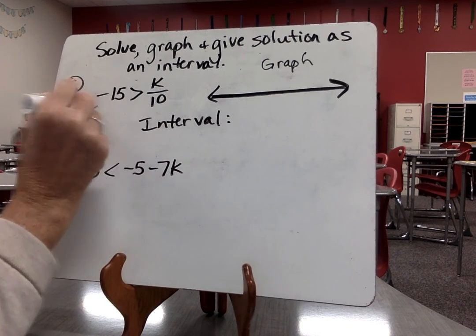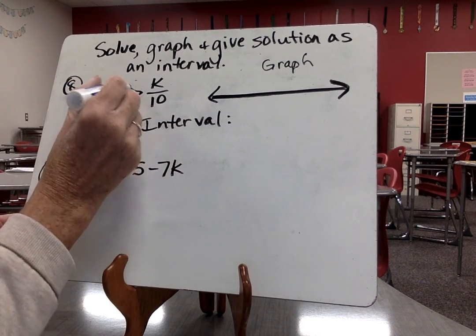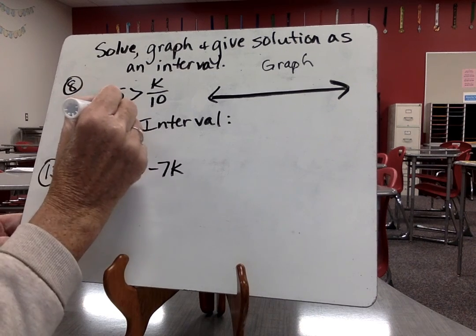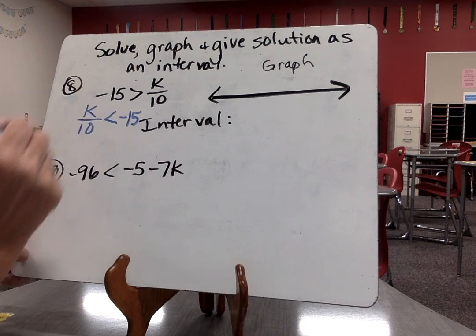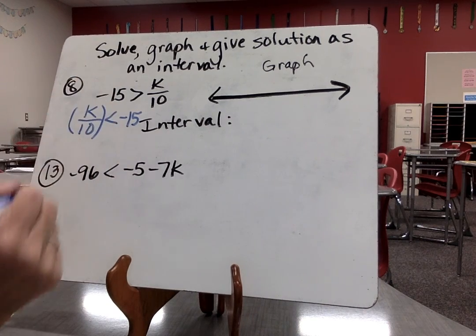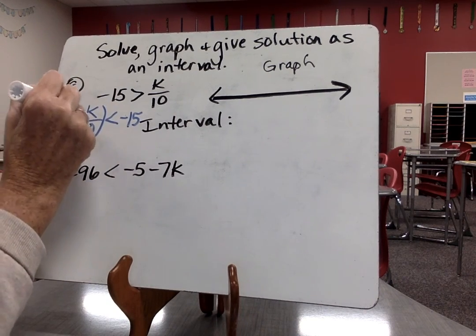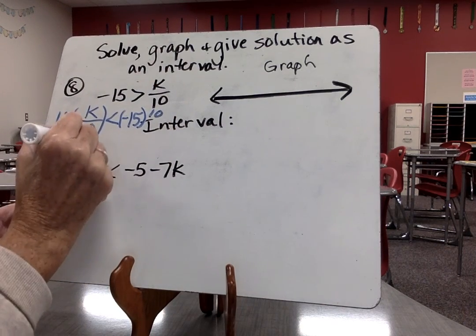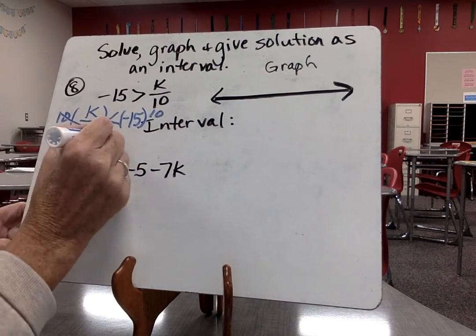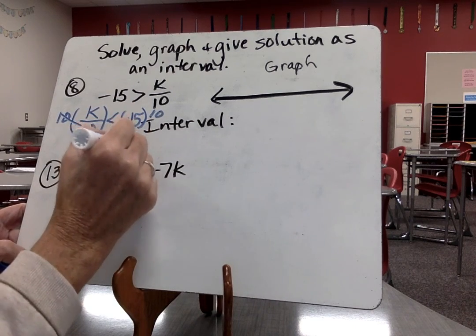So I go k over 10, and instead of greater than, it's less than, and I'll put -15. And then to get k by itself, we do it as if that was an equal sign. I'm going to multiply by 10. Okay, so k is less than -150.